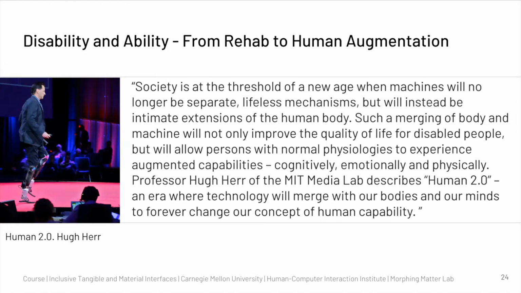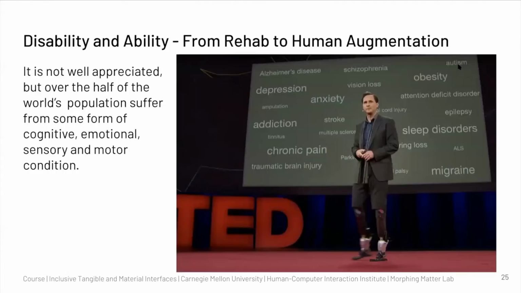Such a merging of body and machine will not only improve the quality of life for disabled people, but will allow person with normal physiologies to experience augmented capability, cognitively, emotionally, and physically. Professor Hugh Herr of MIT Media Lab described Human 2.0, an era where technology will merge with our body and our mind to forever change our concept of human capability. So this to me is really inclusive design.